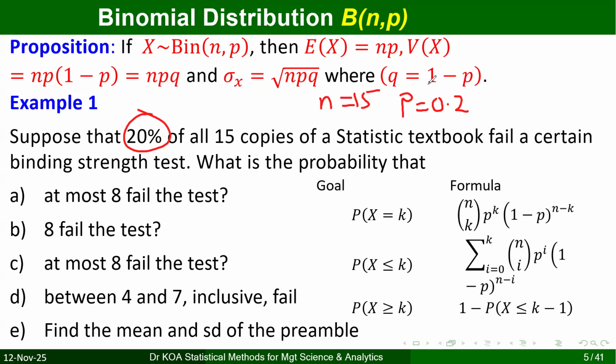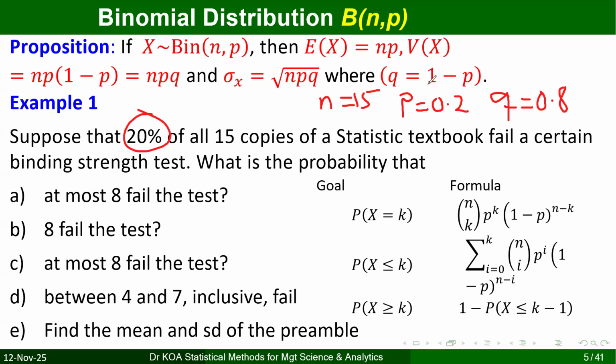So the probability of success is the expected outcome. And that is 0.2, which means that our probability of failure, or 1 minus P, is what? 0.8. Okay, you got that now.